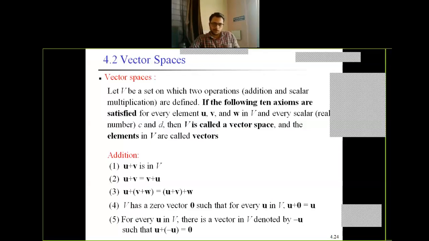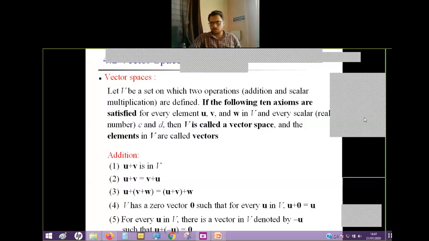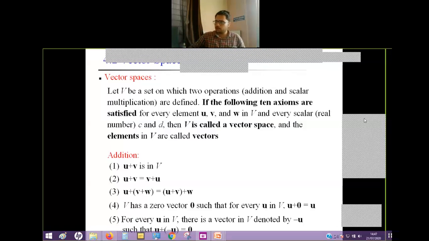This is the name of your unit, and examples of vector spaces are what we are going to cover in this lecture. There are n number of definitions of vector spaces, so I will be discussing two or three definitions. All the definitions say the same thing.